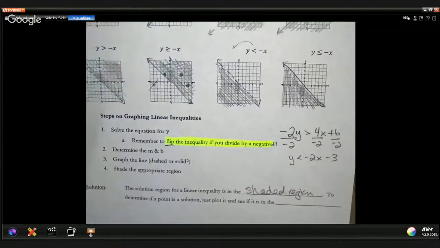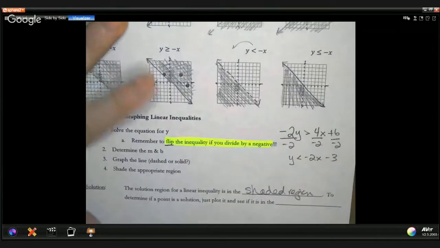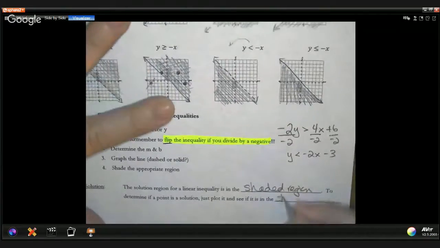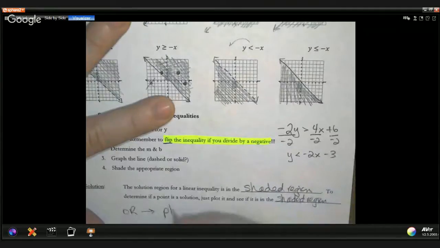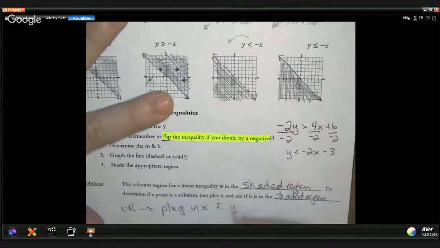So there are 2 ways to find out if something's a solution. You can graph it and see if it's in the shaded region, or you can plug in x and y and see if it is true, which means yes, it's a solution, or false, which would mean no, it's not a solution.